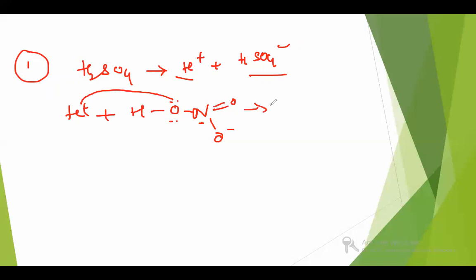Notice H, O and H. This is N double bond O, and here a single bond O. If it forms a positive charge, NO plus will have one pair of electrons and a positive charge, and this electron comes here.